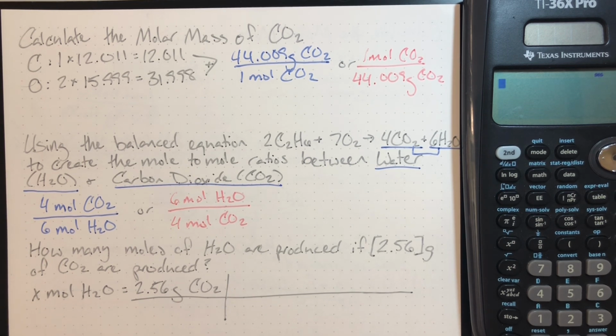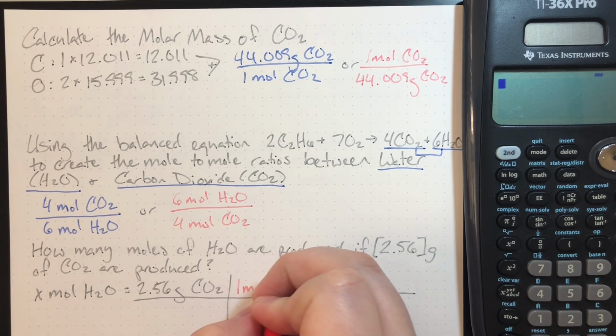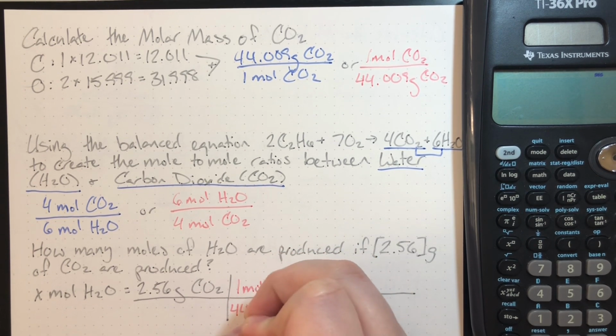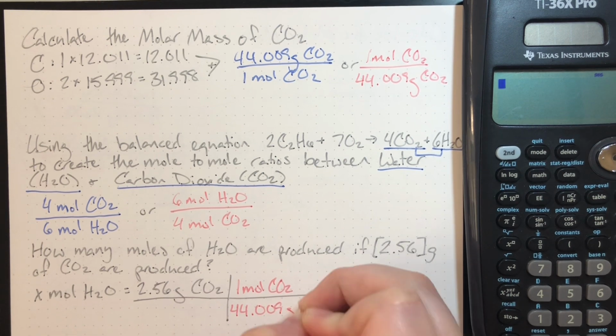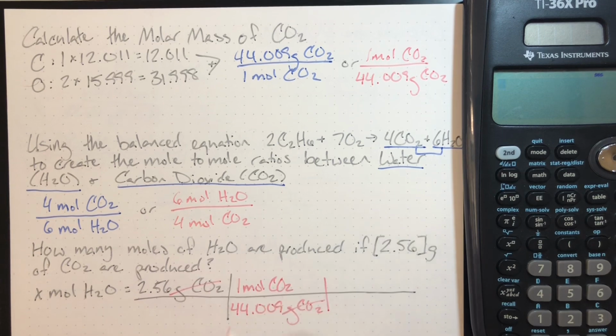Since grams of carbon dioxide is currently in the numerator, I need to choose the version of the conversion factor that has grams of carbon dioxide in the denominator. That will be this red version here. Grams of carbon dioxide appearing in both the numerator and the denominator means that it will cancel.